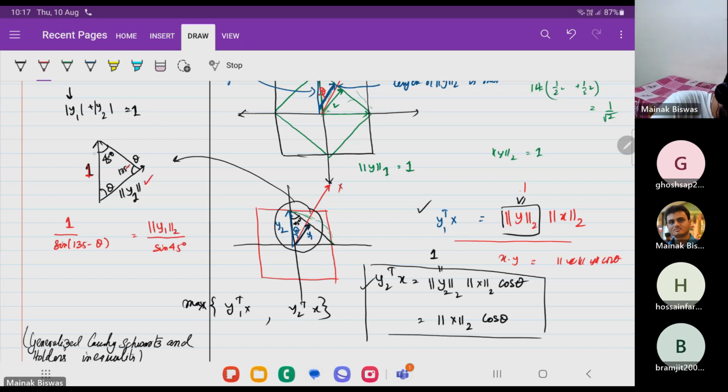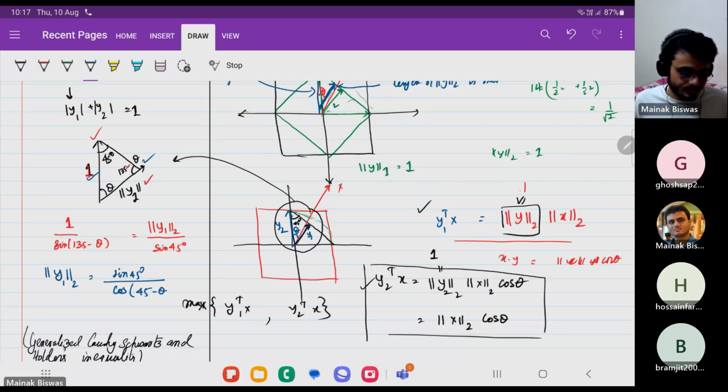Yes. This equal to this. Good. So you see, do you get the value for the norm of the length of y1, which is sine 45 degree by cos of 45 minus theta? Yes or no?